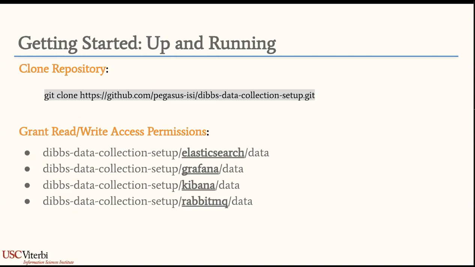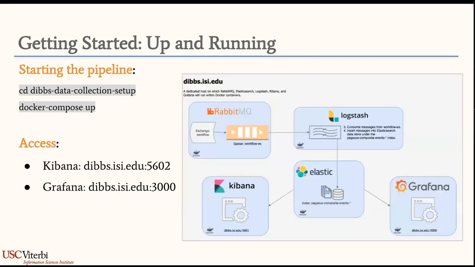So the next step is to simply clone the repository that we have here. Everything is packaged in there. Once you've done that, you're going to be sure to give read and write permissions to the following directories as these services will read and write to and from them. After that, basically you just cd into the directory, and then you're going to run Docker Compose up or Docker Compose up -d if you want to run in detached mode.